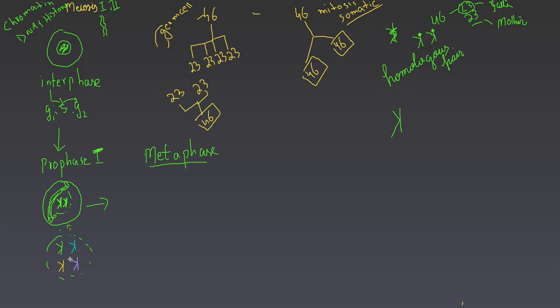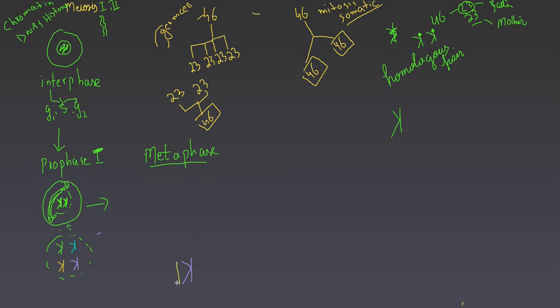Now what happens is that when it finds its homologous pair, it switches up the place. Now I would like to show you this. This is a chromosome, and this is another chromosome.